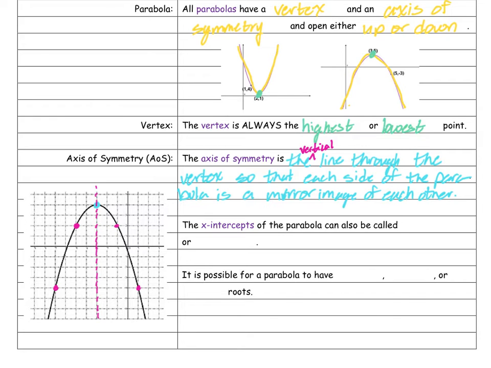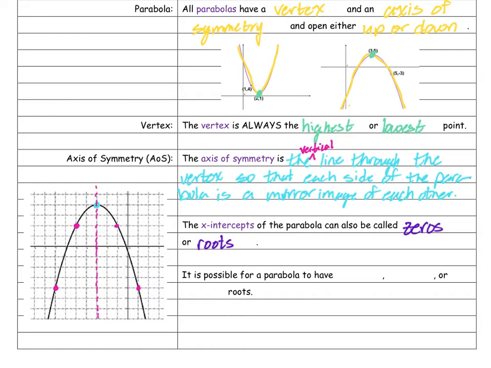So let's see, the x-intercepts of the parabola can also be called zeros, or roots.